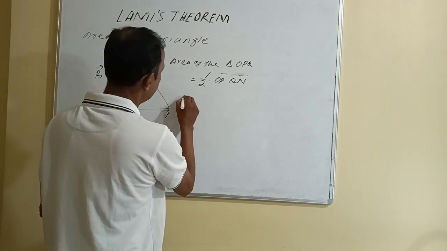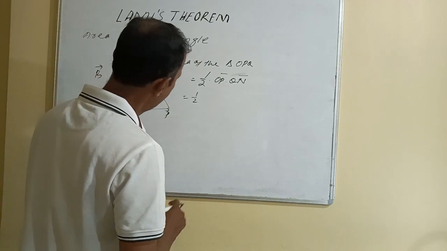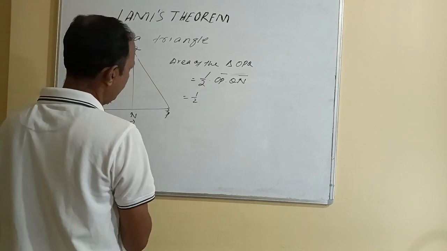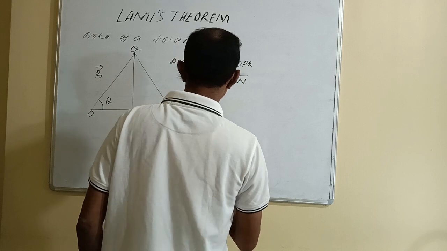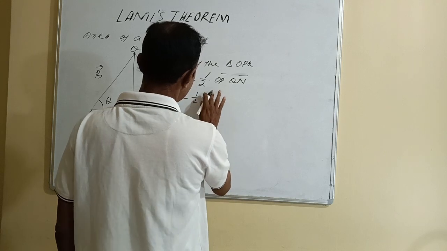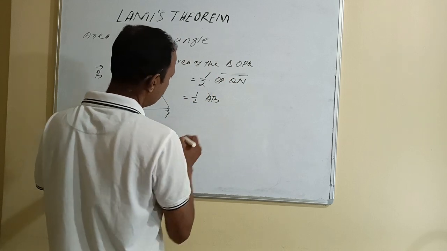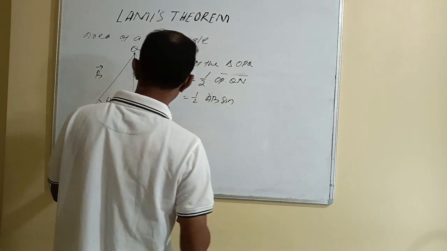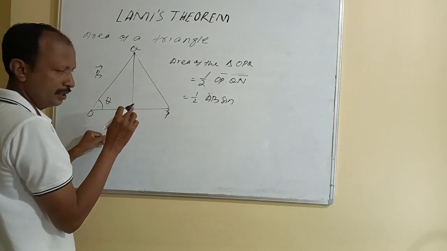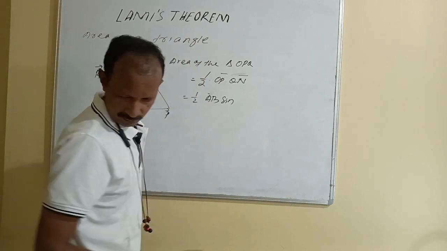So in the form of the product, I can say this is half into vector A, vector B, and the sine of the angle between them. In place of this QN, I am using B sine theta.